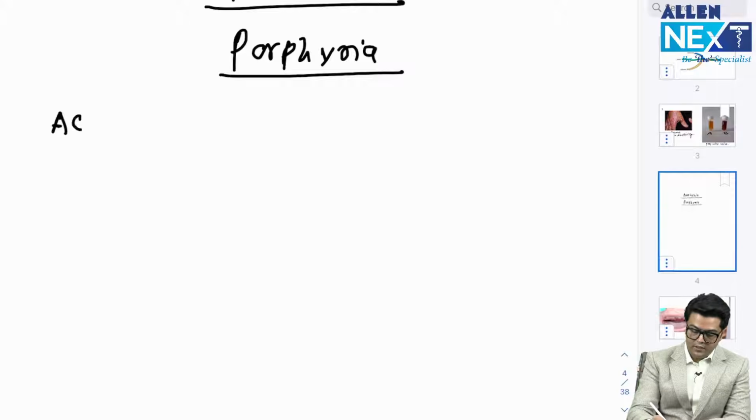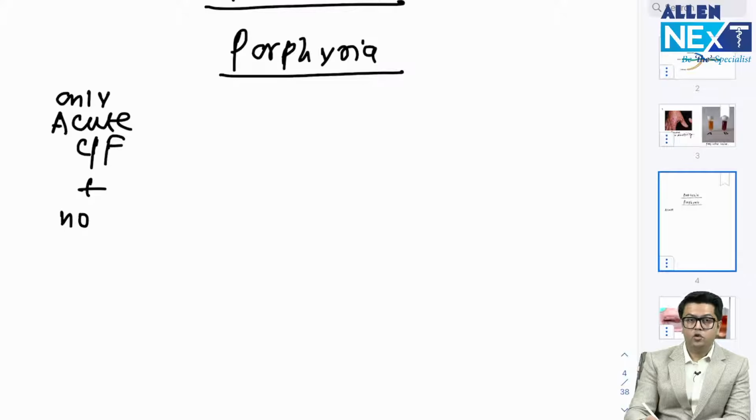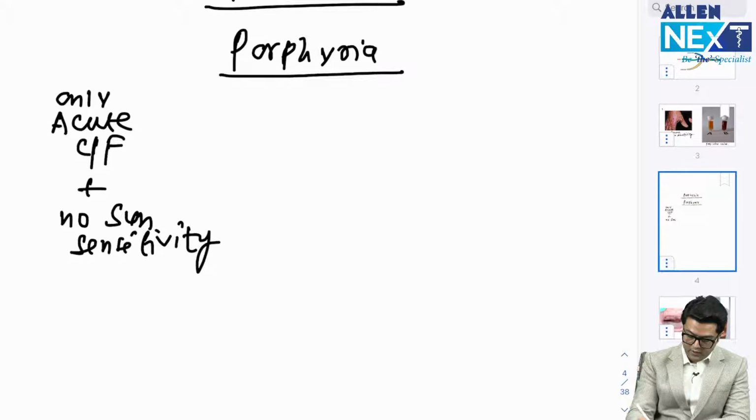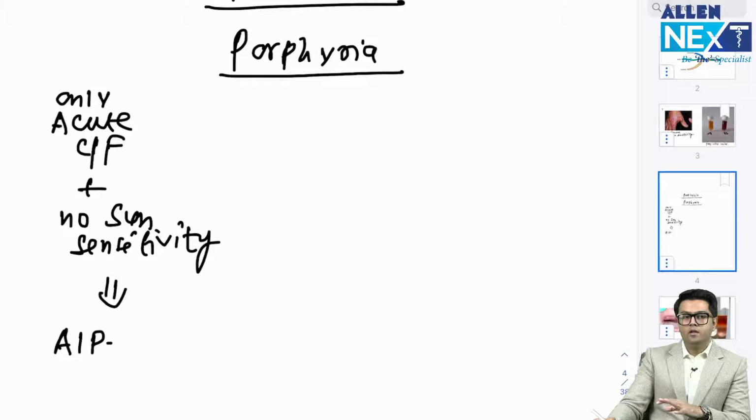If there are only acute clinical features and no sun sensitivity, then go for the answer, that is acute intermittent porphyria. So this will be the answer, acute intermittent porphyria.